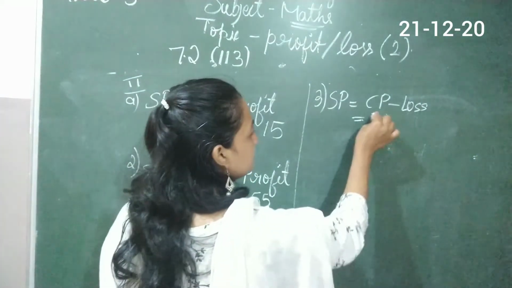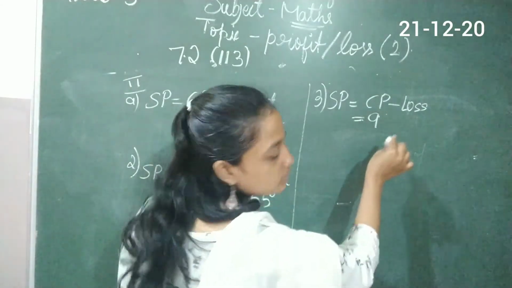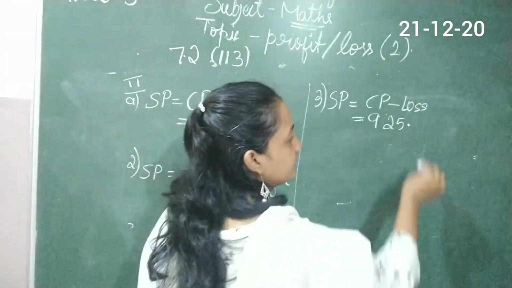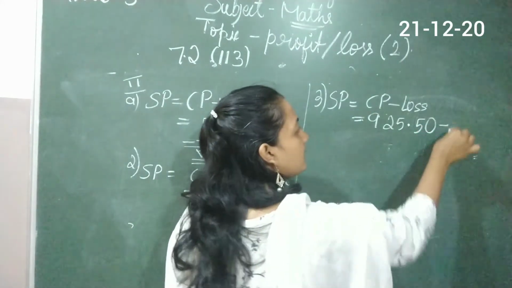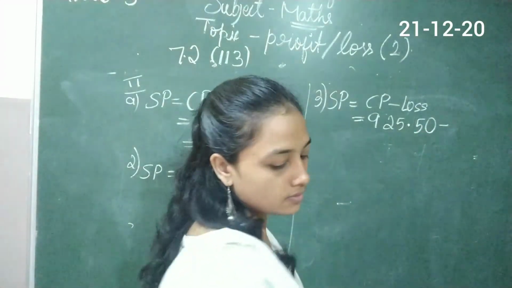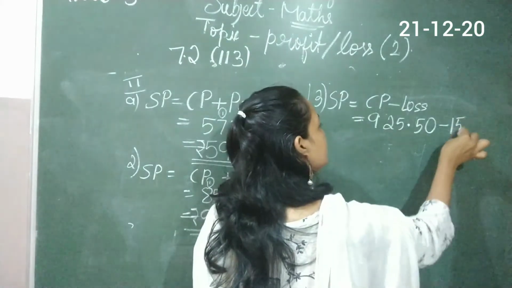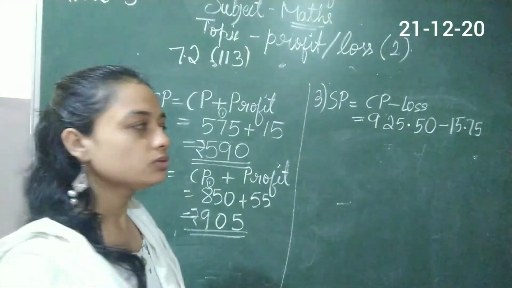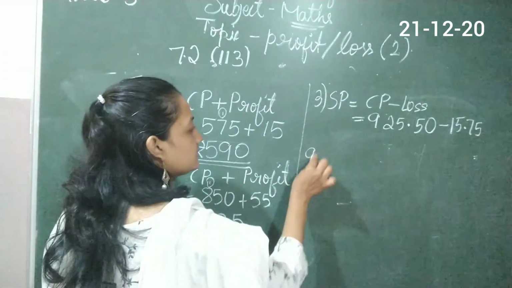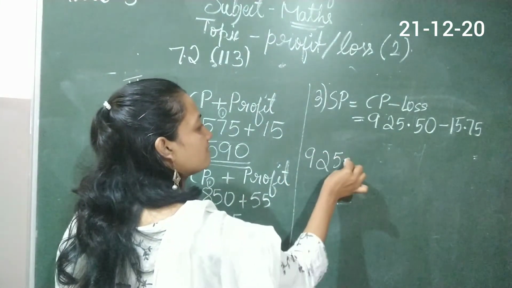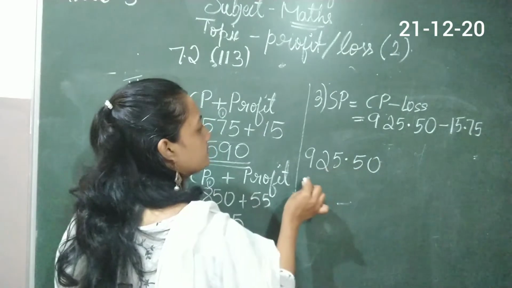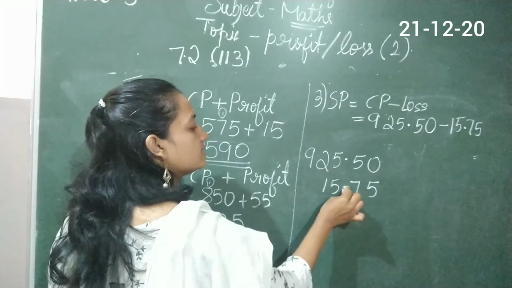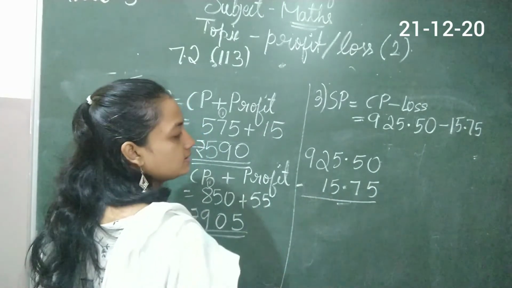Cost price is 925.50 paise minus loss, which is 15.75 paise. So I'll show you how to do this in this method because you have a decimal here. So you'll be writing down the numbers like this and subtract it.